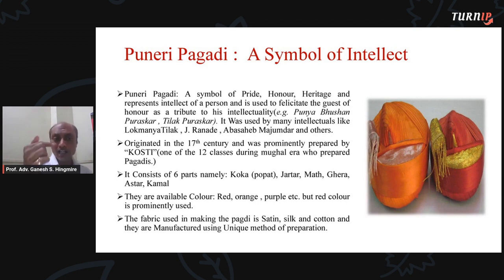You will find Narayan Jagannath Vaidyaji's photo with the Puneri Pagdi. So during the British era also, this was used. Initially it was used as a symbol of intellect, but when I registered it, we also claimed it as a symbol of heritage and culture.